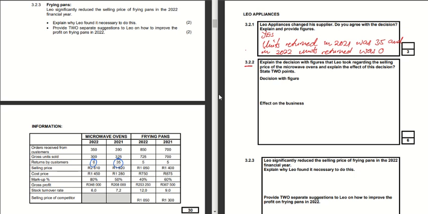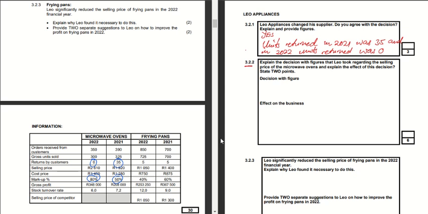The effects will either be good or bad, it does not matter. All you need to do is mention the effects of the decisions. Let's look at the first decision. You will see that the markup here was 50, but it has been increased to 80.